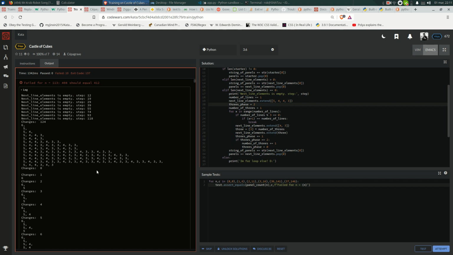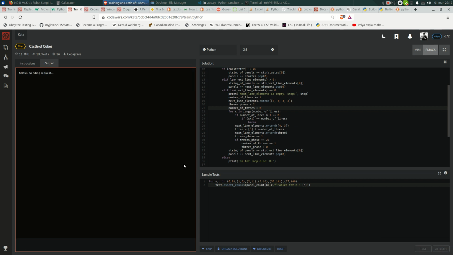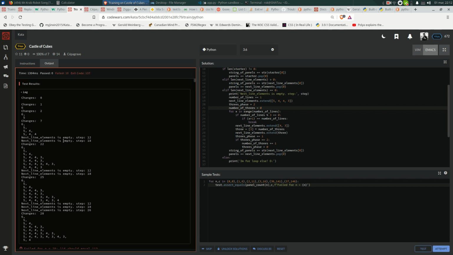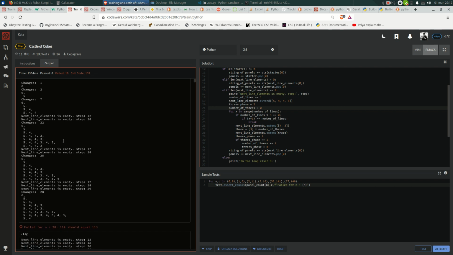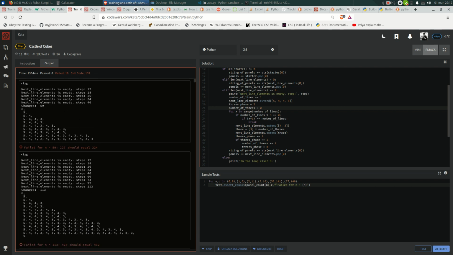Maybe we are doing a classic fallacy. Because in the end we are always doing something with the threes. 1, 1, 1, 1.